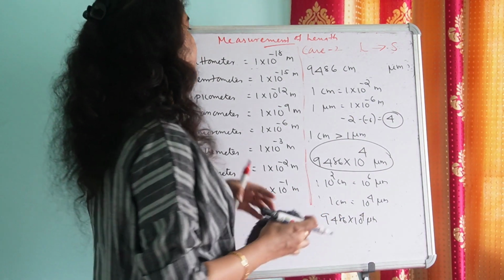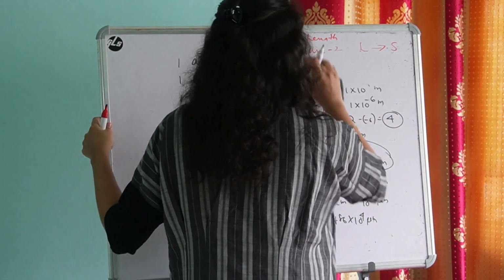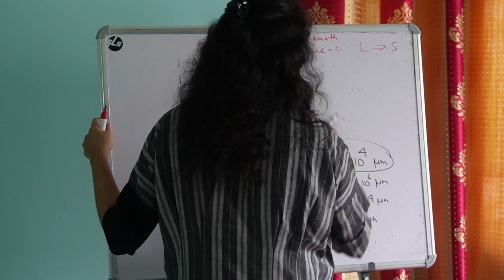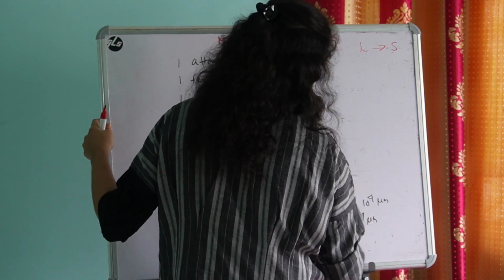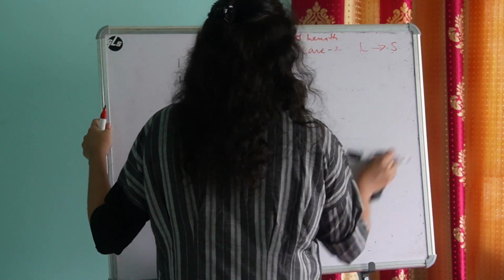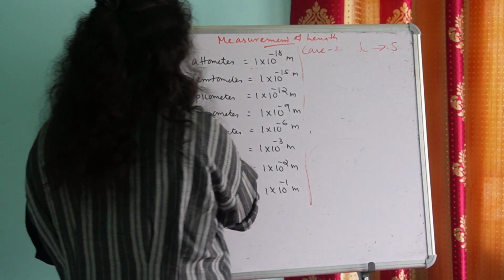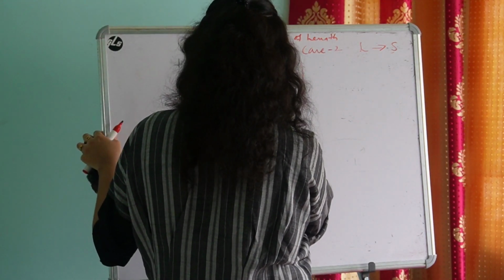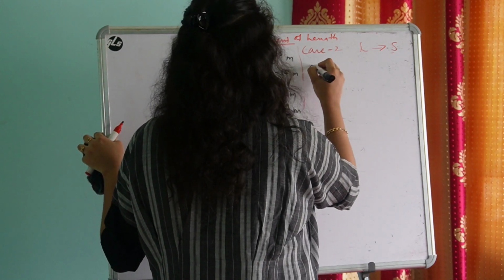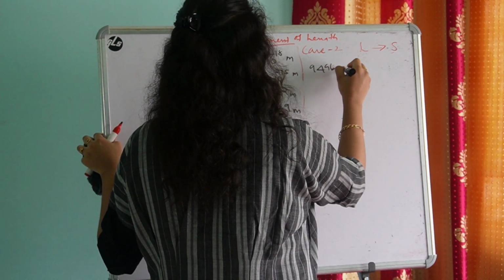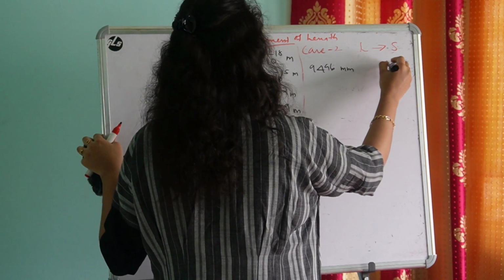Is it clear? Let's see one more example and we'll move on to the next set of units. The value is given in millimeter, 9496 millimeter, and I am asked to find it in nanometer.